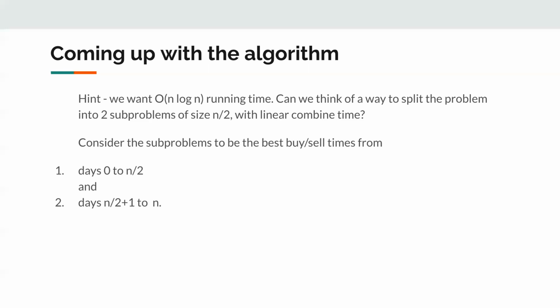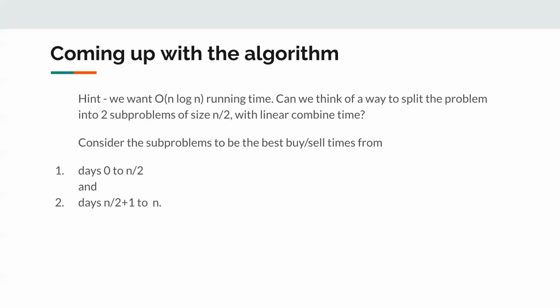For me, just some thoughts about this question in general. The way I usually find it helpful is to divide this into, kind of like DP, all the possible cases that could be happening in this problem. If we have the answers to our two subproblems, then our two easy cases are that we are buying and selling both in the first half, or buying and selling both in the second half.